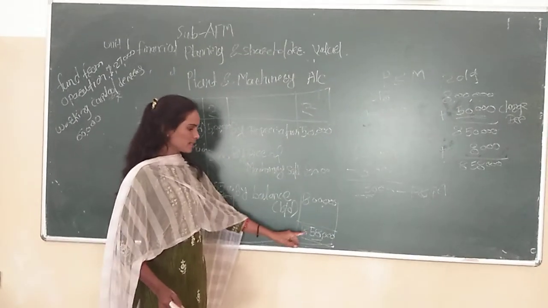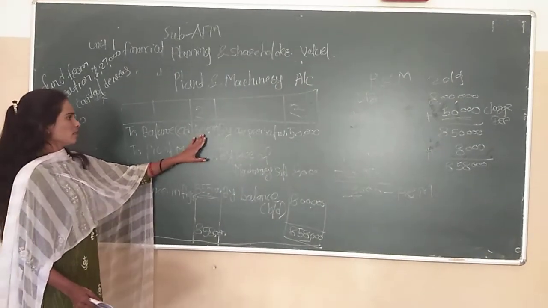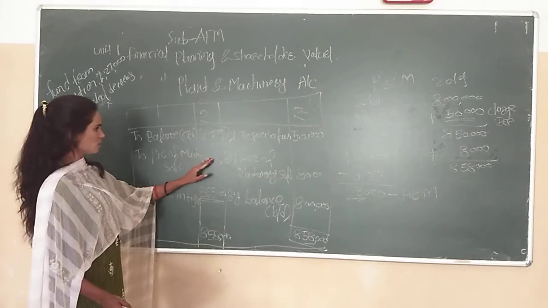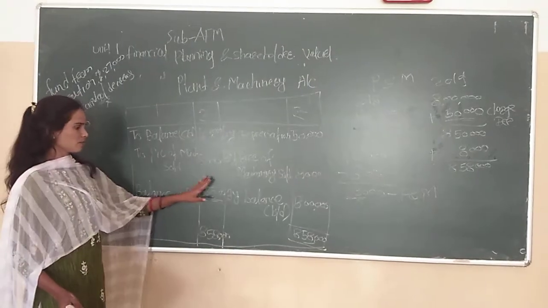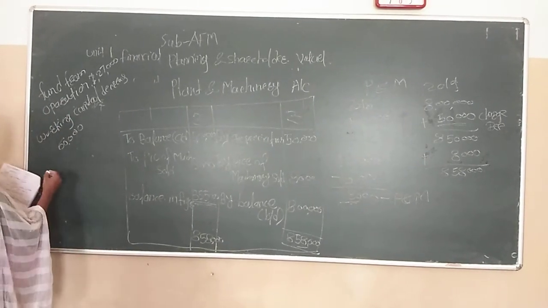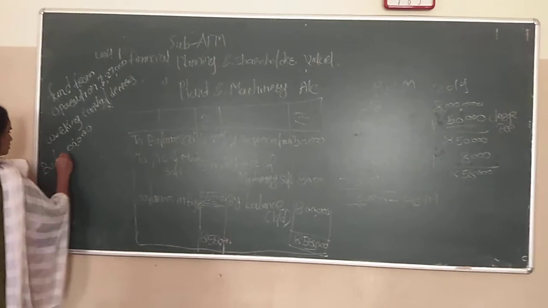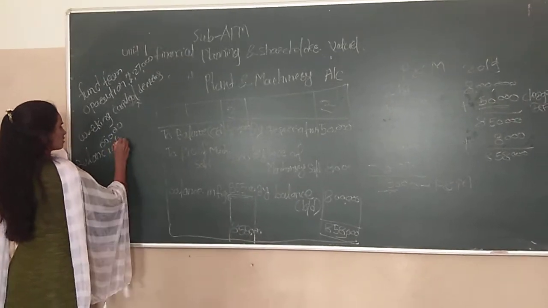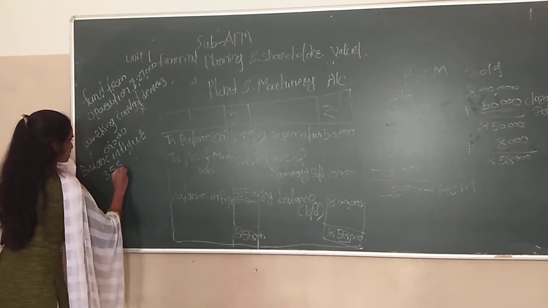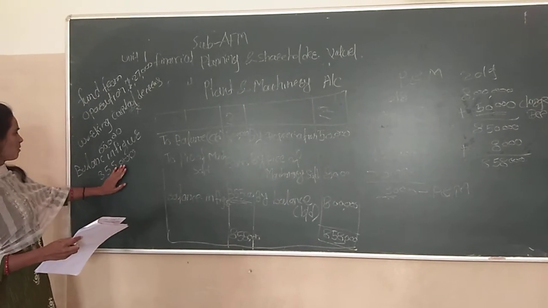Okay, the total is 8 lakh 58,000, and next one is to balance carried down 5 lakh. This is the balance sheet 2018, and piece of machinery sold, this is a loss 3,000, and balancing figure 3 lakh 55,000. This is the plant and machinery account, and the next statement is the fund flow statement. This balancing figure of 3 lakh 55,000 is to be shown in the fund flow statement.